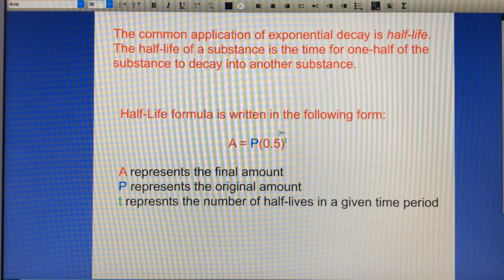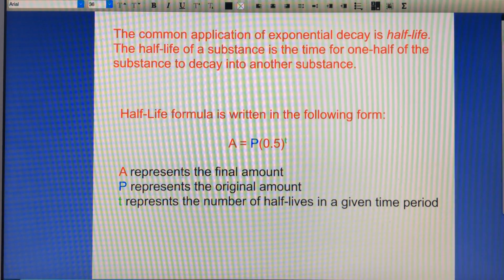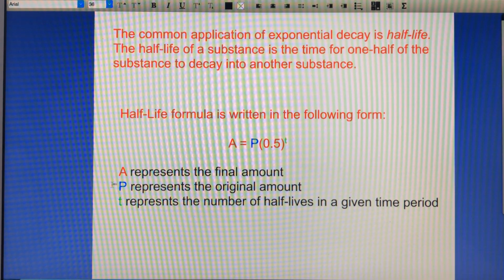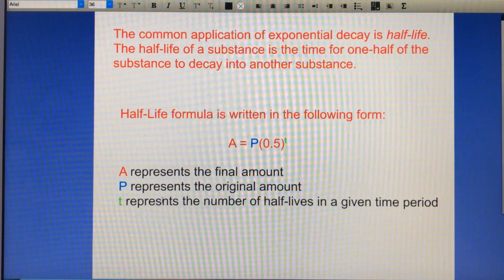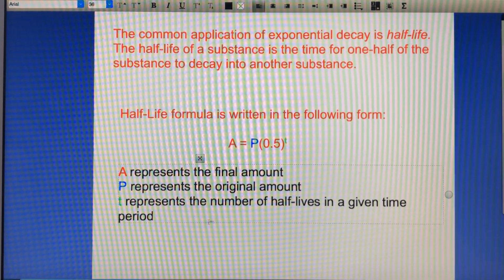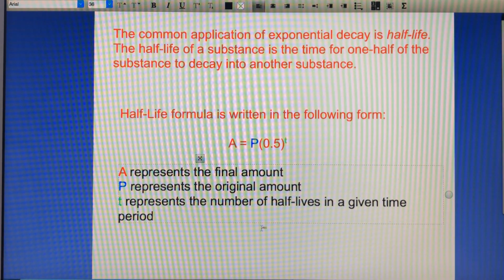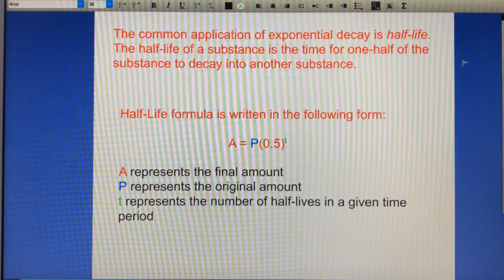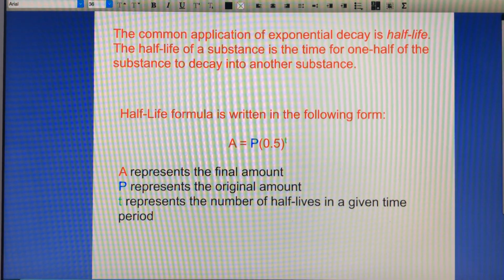The half-life formula is written in the following form: A equals P times 0.5 to the T power. A represents the final amount, P the original amount, T represents the number of half-lives in a given period. So let's take a look at what that means, our last slide.